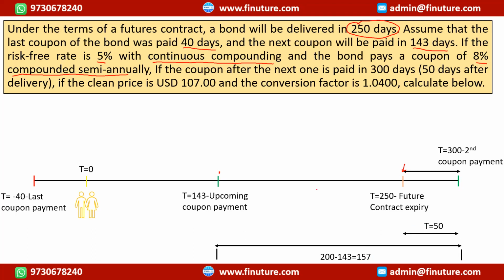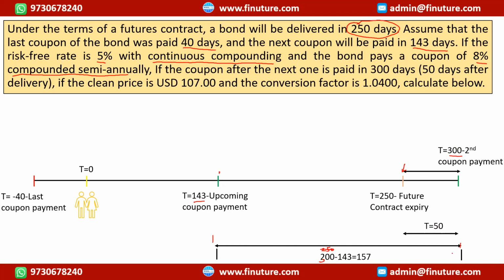This is the 143rd day and this is the 300th day. The days between 300 and 143 would be 157.